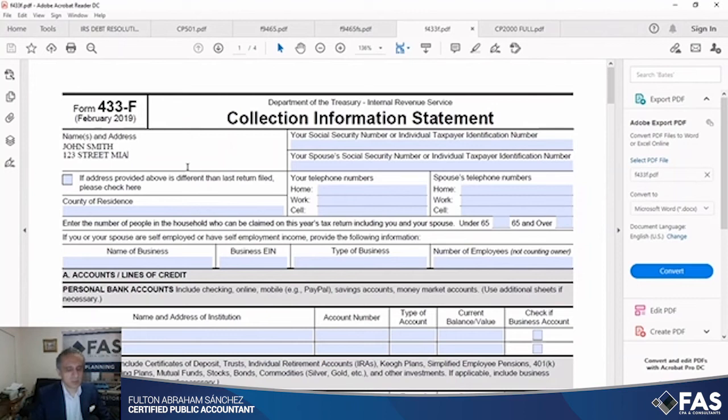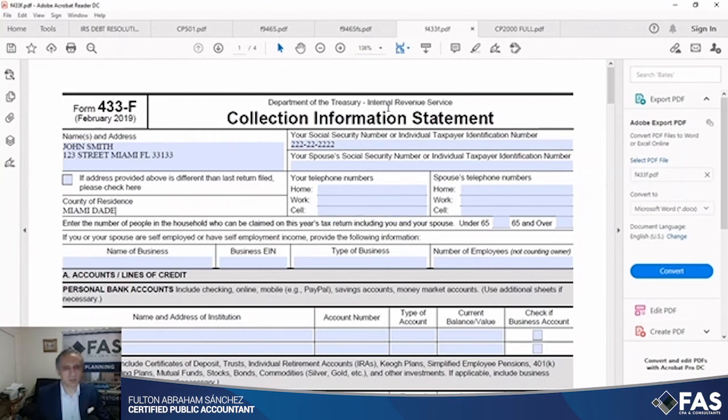Miami, Florida 33133. Social Security number 222 22 22 22. County. I'm sorry, county, Miami-Dade. I think that.